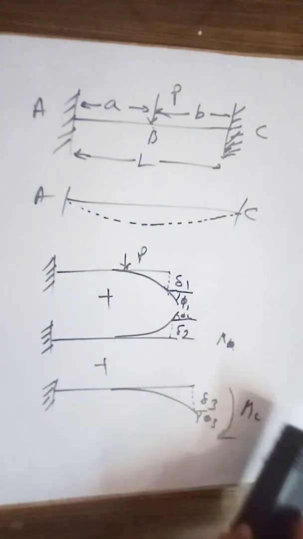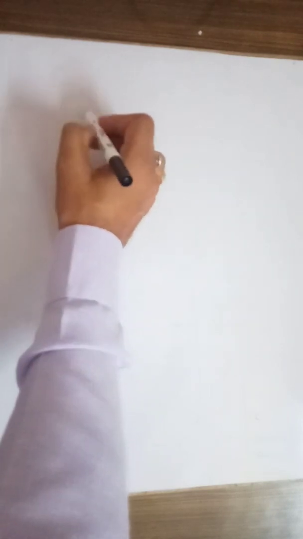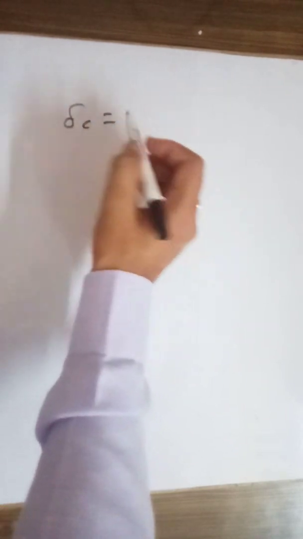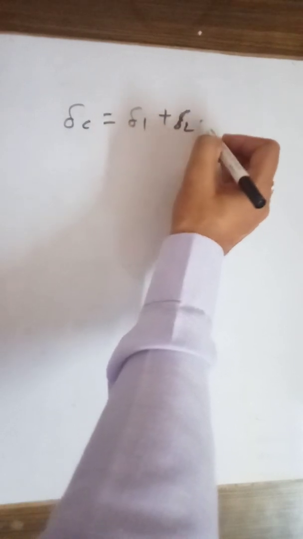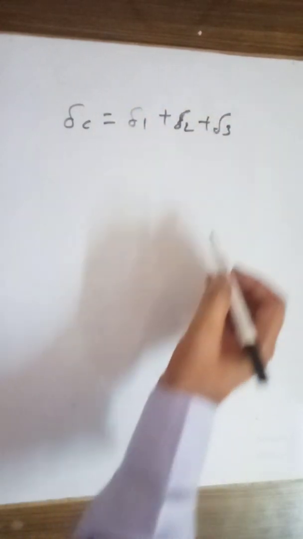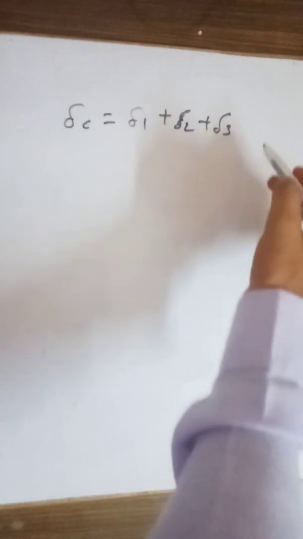So for that, del c, that is our final deflection, is del 1 plus del 2 plus del 3. And if it is in equilibrium, then in that condition it should be equal to 0.